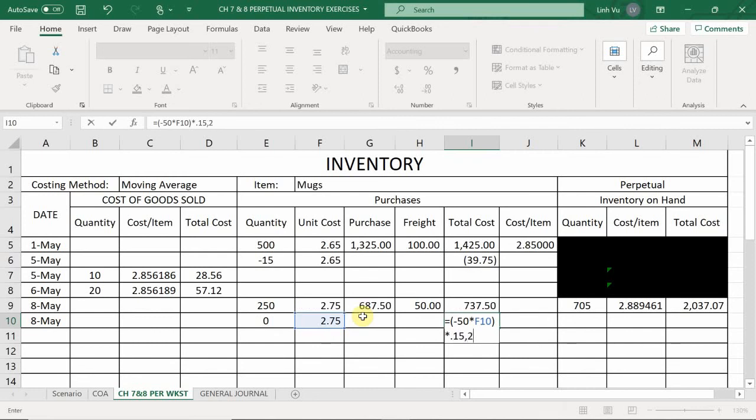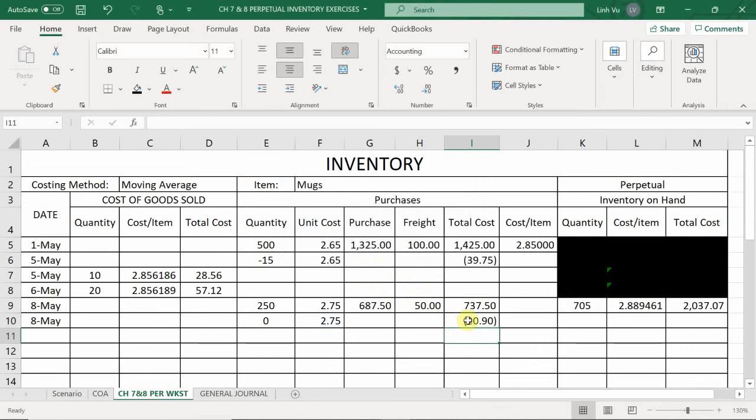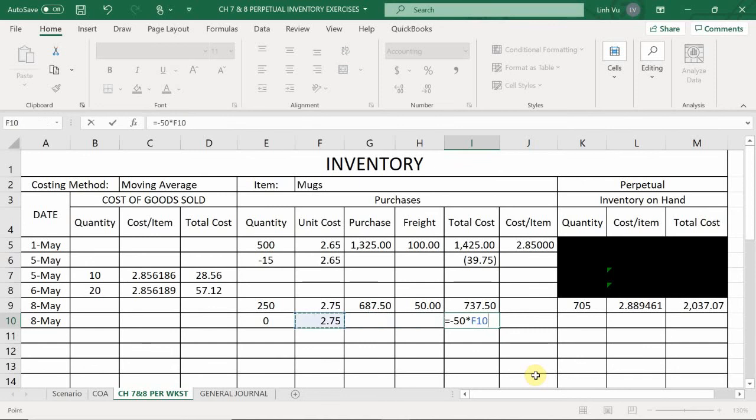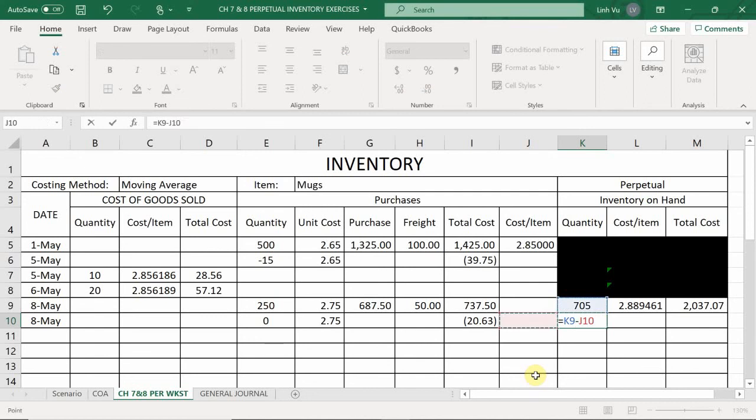Yes, that's how much money we're getting back. $20.63.